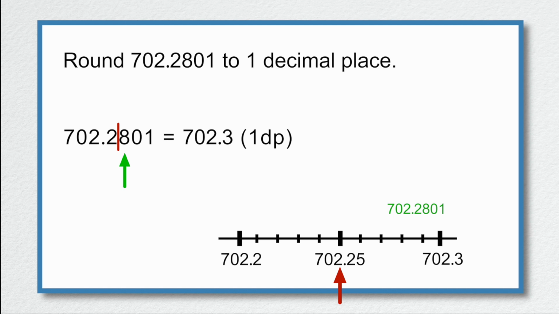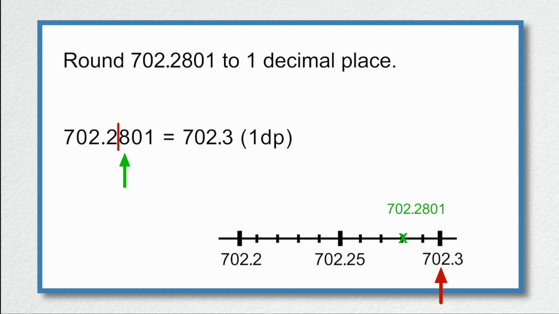And if we were to mark our number on that number line, again, this isn't to scale, but it's going to be somewhere here. And so we can see that 702.2801 is closer to 702.3 than it is to 702.2. This is what we are doing when we are rounding.